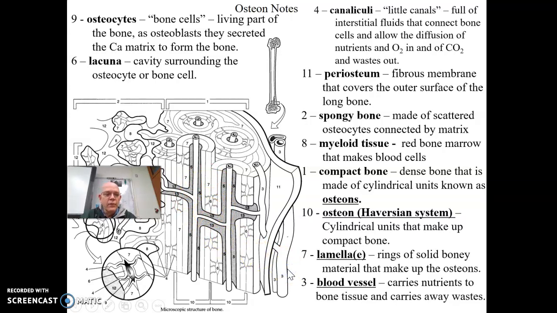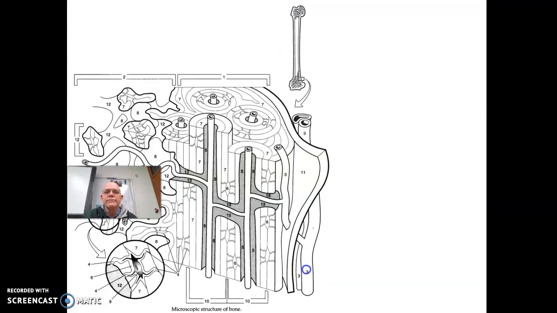So it brings nutrients to the bone tissue and carries away the waste, just like any other part of your body. So even though these cells seem to be fairly isolated, they still communicate and can get rid of things in and out thanks to the blood vessels. Because bone, unlike cartilage and tendons and ligaments, has lots of blood vessels, which makes it easy for it to heal itself.